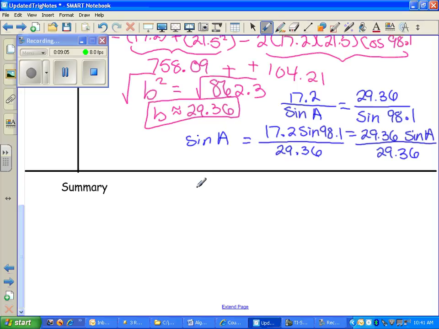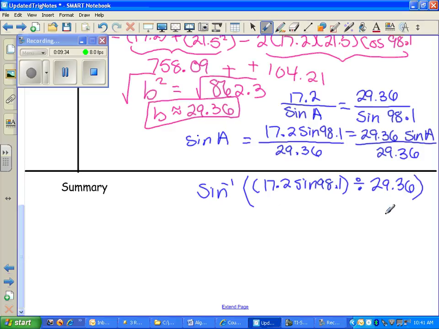So if we type second sine in the calculator, it looks like this with the -1 there. And then we will want to type in, and it will open a parenthesis for us. And I like to do this all in parentheses, so my numerator will be in parentheses, 17.2 sine 98.1, parentheses, divide 29.36 and then end parentheses.